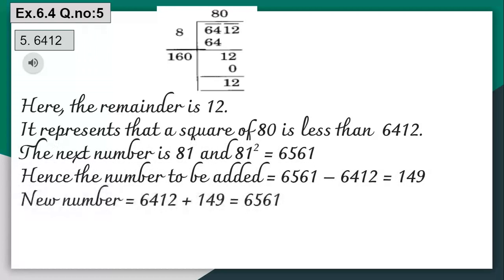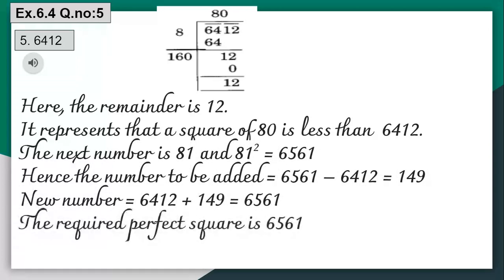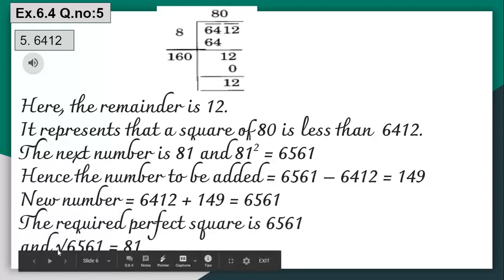So we have to add with 6412 plus 149, we will get the perfect square, that is 6561. That is the square of 81, isn't it? So the required perfect square is 6561 and root 6561 is equal to 81. Clear?